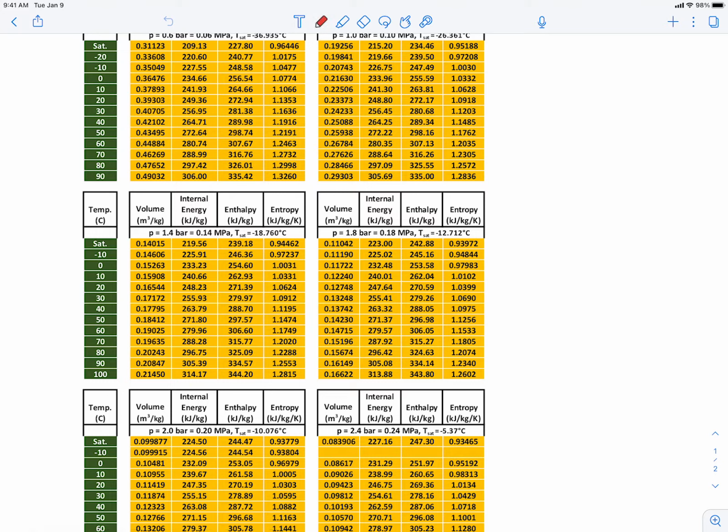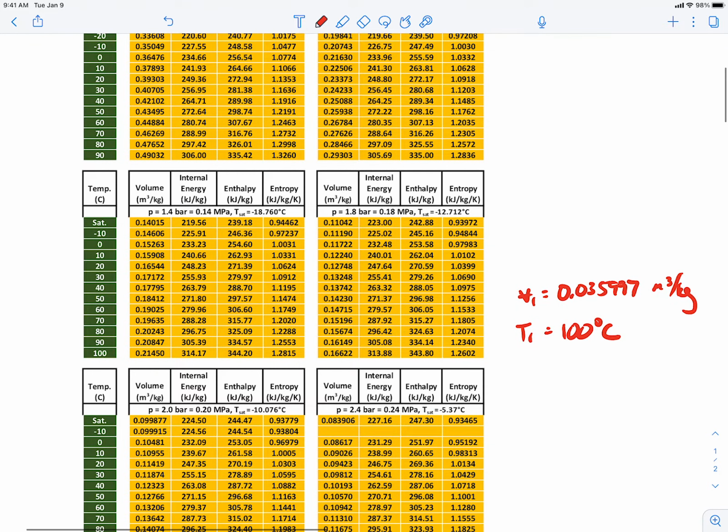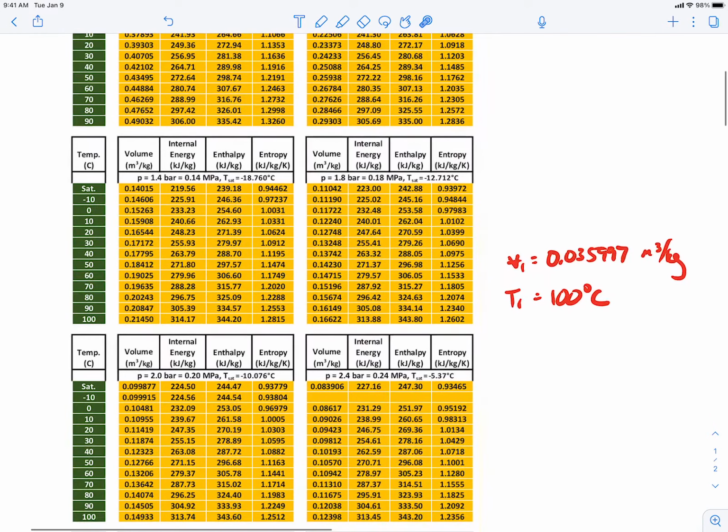And just as a reminder, our specific volume is 0.035997 cubic meters per kilogram, and our temperature is 100 degrees C. My goal is to find the pressure and specific internal energy. So I'm going to look at the values corresponding to 100 degrees and look at the specific volume value. So here it's 0.21450 at this pressure of 1.4 bar.